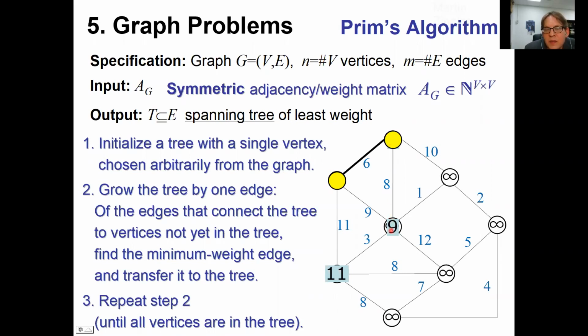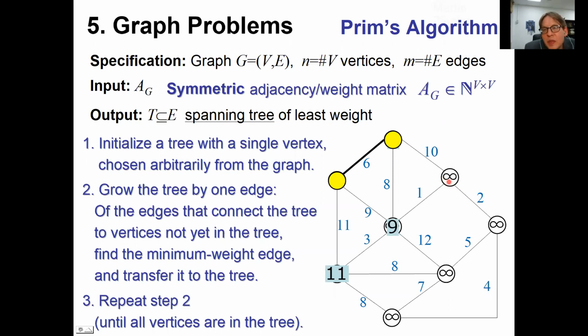So for example, this vertex initially had distance 9 to the tree, but now that this vertex has been added to the tree, this vertex receives an improved distance of only 8 to the tree. Furthermore, now this vertex becomes reachable from the tree, which previously it was not.